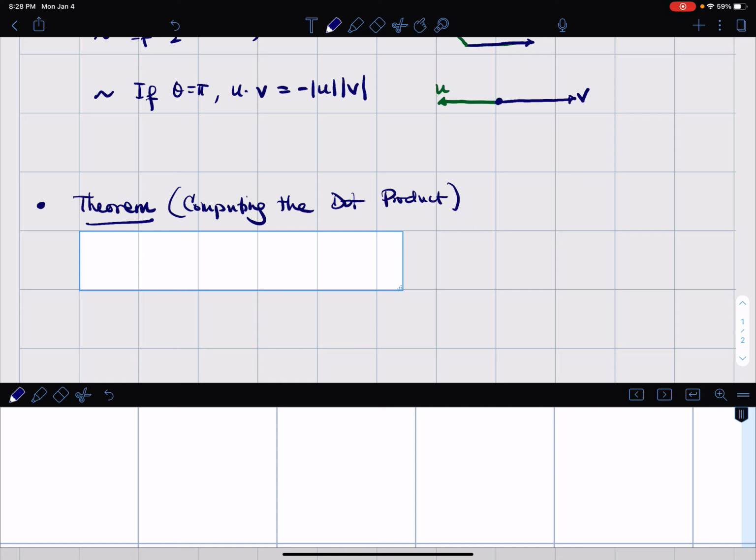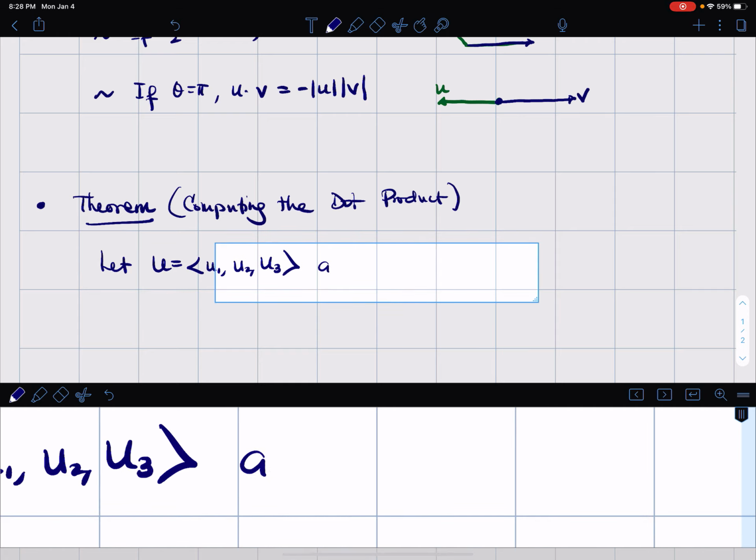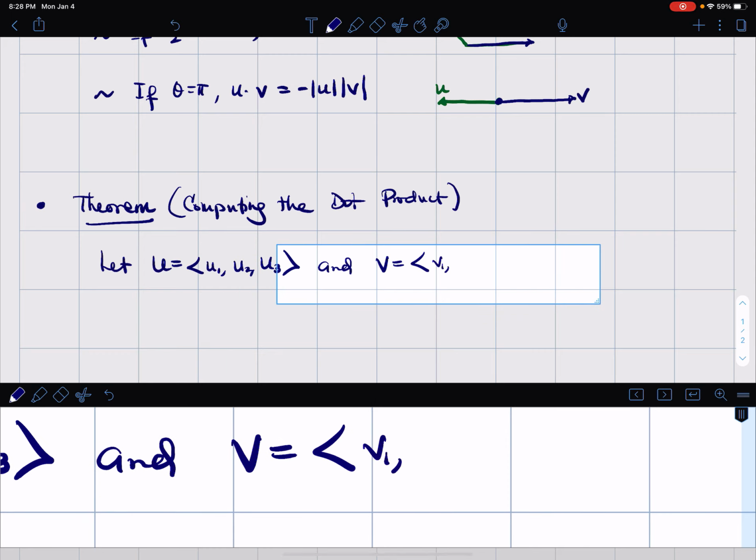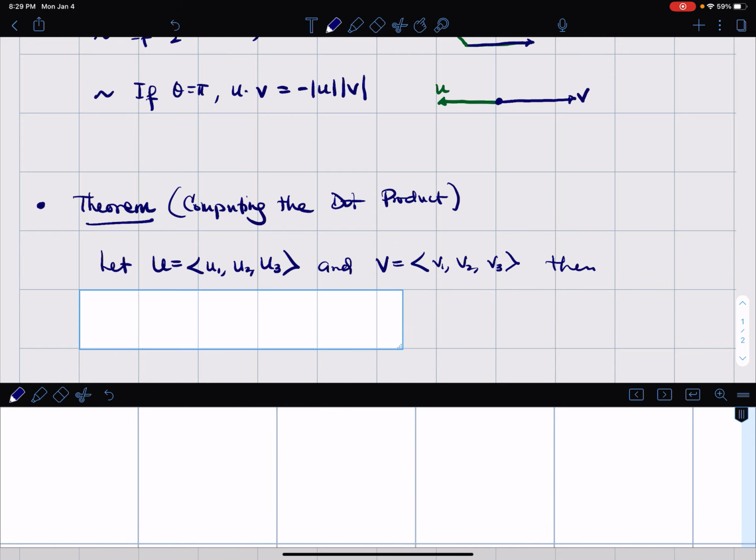So if we let u be u1, u2, u3, and let v be v1, v2, v3, then u dot v, this will be the easiest thing you will learn in this course.